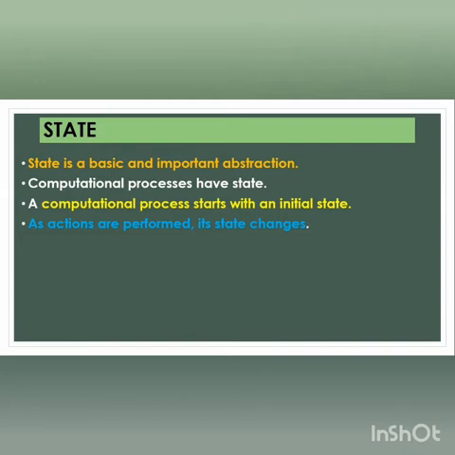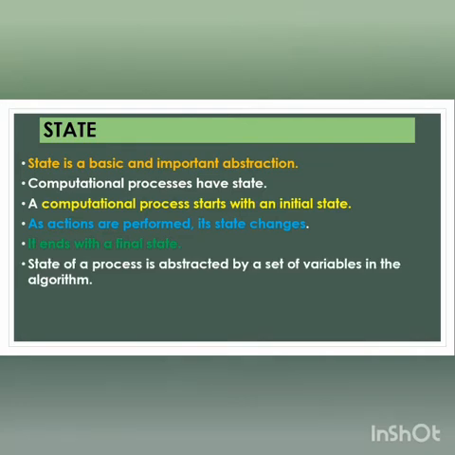So, a computational process starts with an initial state. As actions are performed, its state changes. While doing some execution, some calculation, the values of the variables will change. Then it ends with the final state. So what is state?